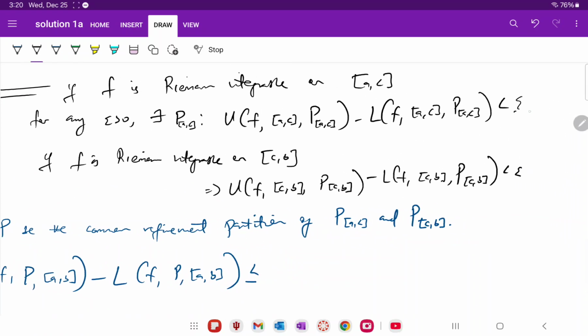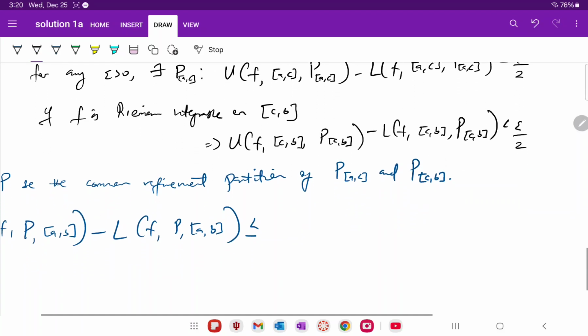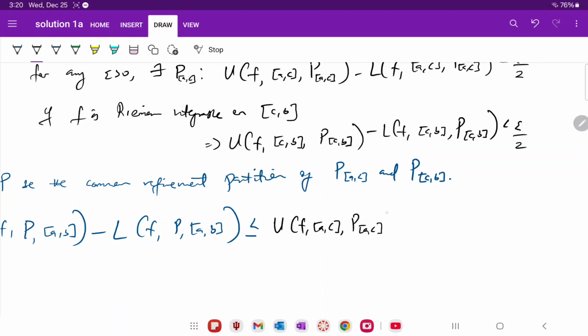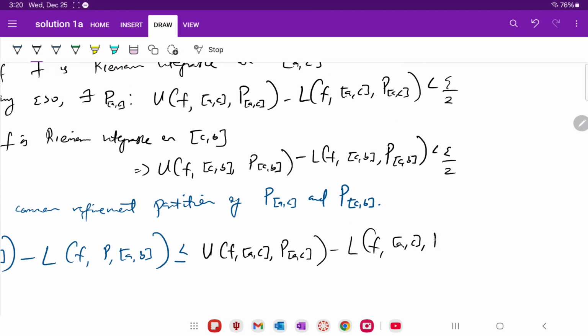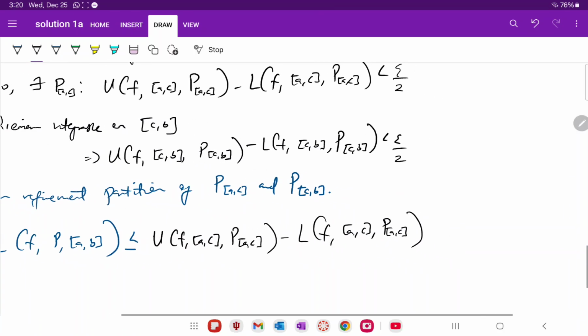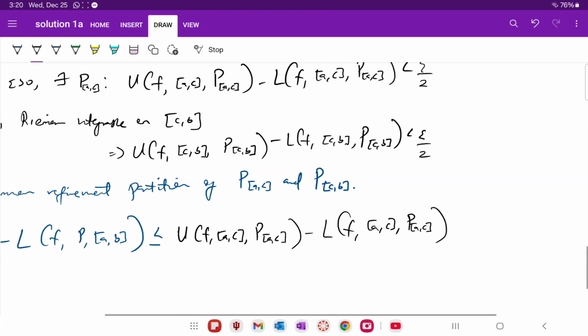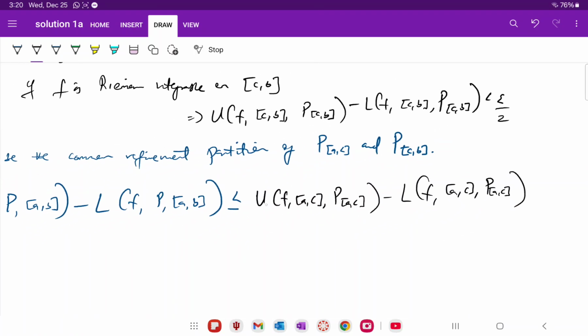So here we can make this one epsilon over 2. Then we have f on [A, C] with its partition, because all this may not necessarily be true.